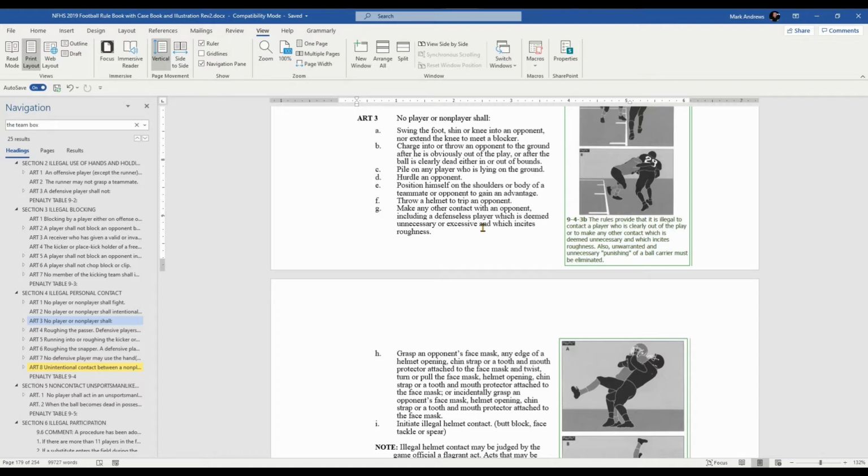So this is the unnecessary roughness rule, and this rule has been modified over the last few seasons, and we're going to see lots of film on this, but we want to take the unnecessary roughness, especially against defenseless players, out of the game. Don't be afraid to flag this.